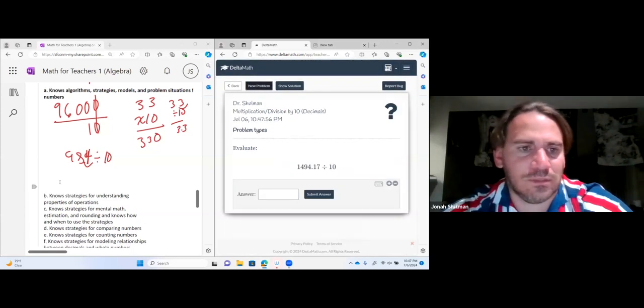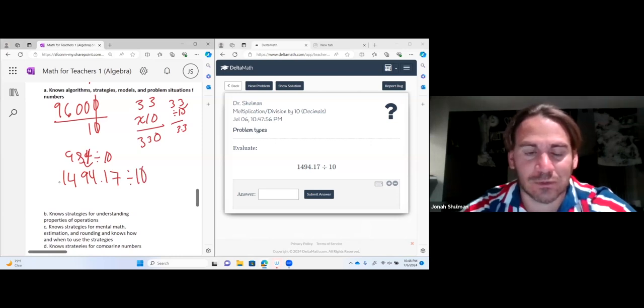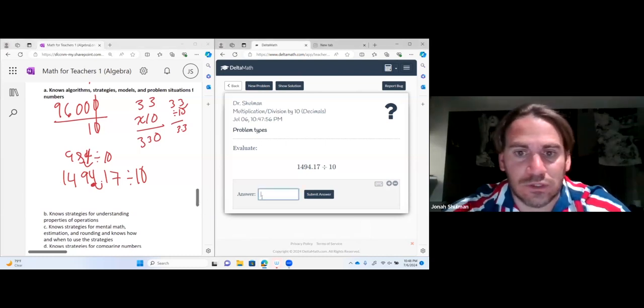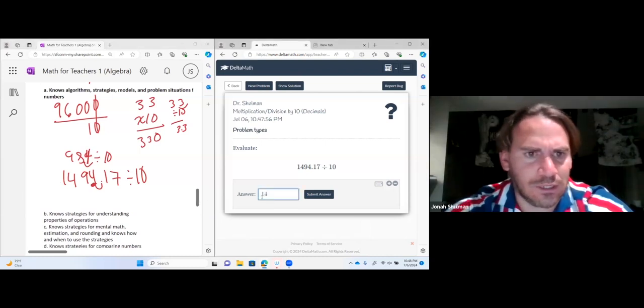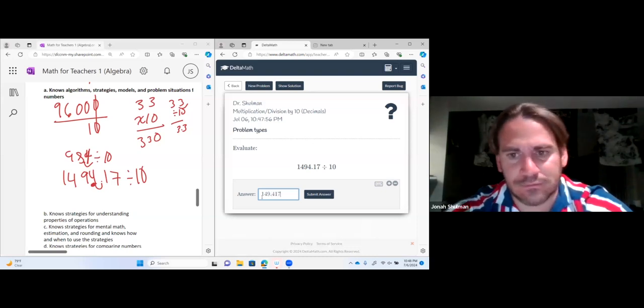All right, so here's one that might seem a little trickier, but it's not. So 1494.17. If we are dividing by 10, we're moving it one decimal place. Smaller, not bigger. So boom, this is where the decimal will go. So your answer is 149.417.